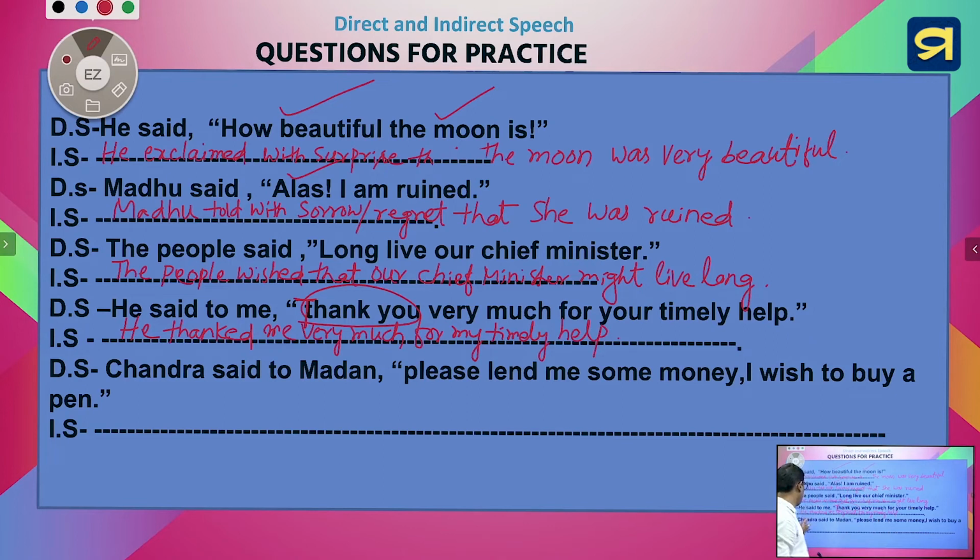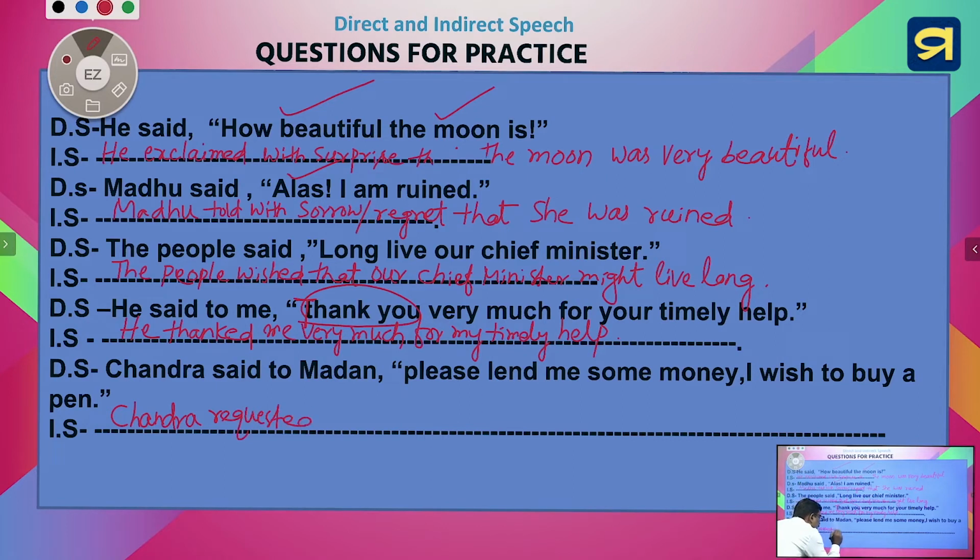The last one here, number 5 perhaps. Chandra said to Madan, "Please lend me some money. I wish to buy a pen." There are 2 sentences. Change from direct speech into indirect speech. Good. Chandra requested. Why is requested used here?